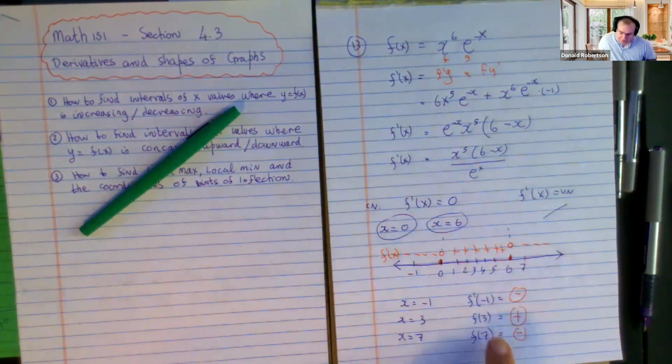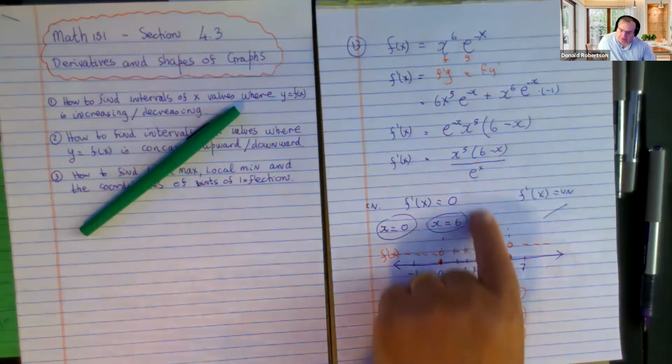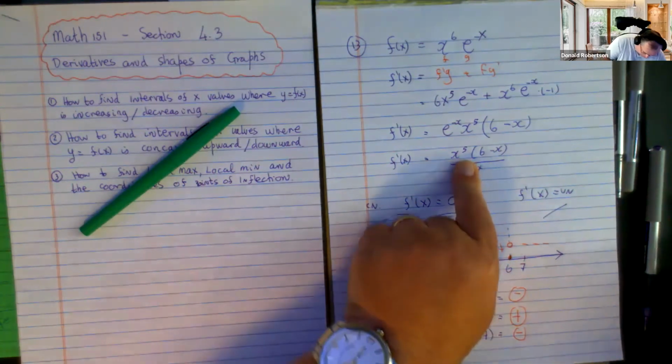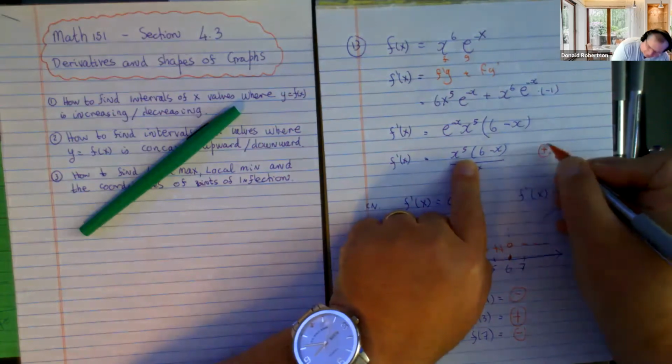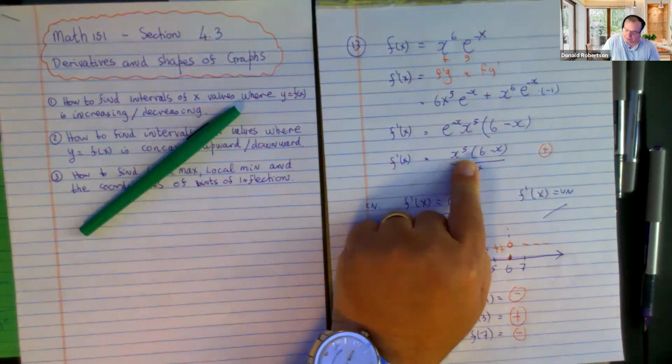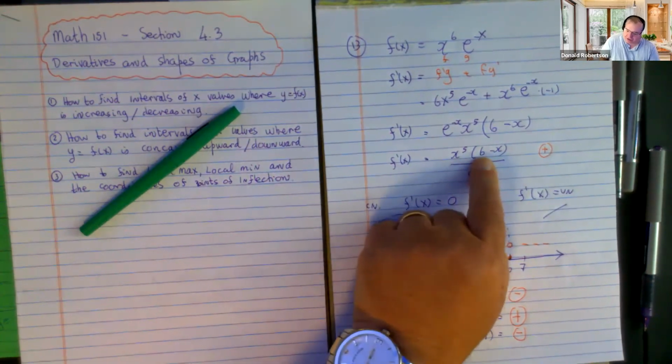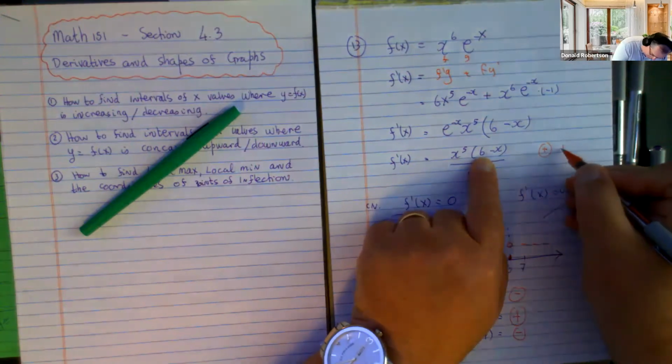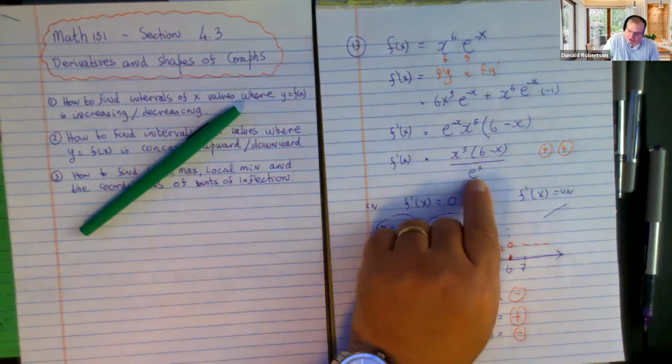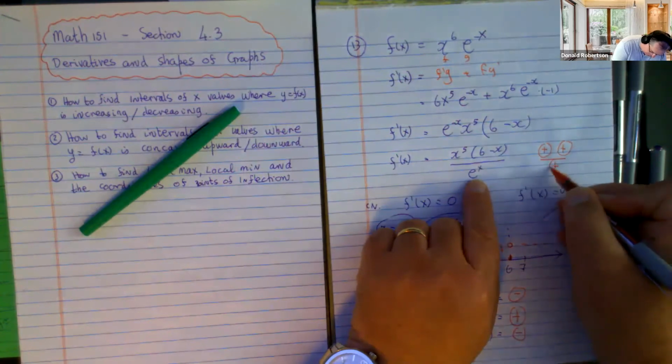Let me do one of the shortcuts slowly. Let's do this one. I said it's positive. 3 to the power of 5 is a positive number. I don't need to know what it is exactly. Would you agree 6 take away 3 is positive? And would you agree e cubed is positive?